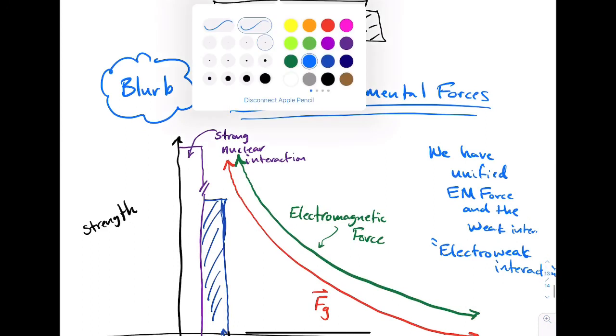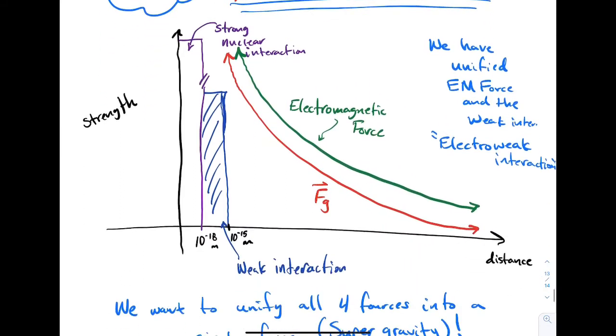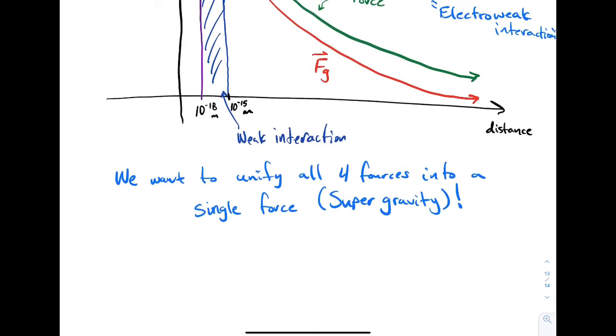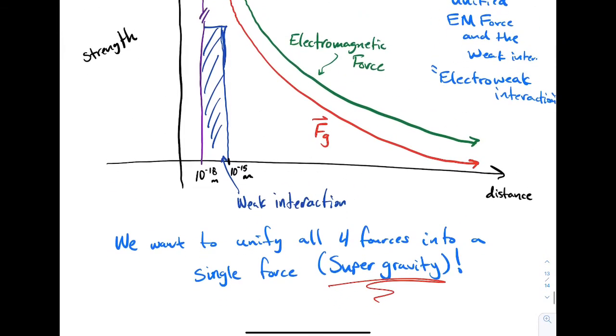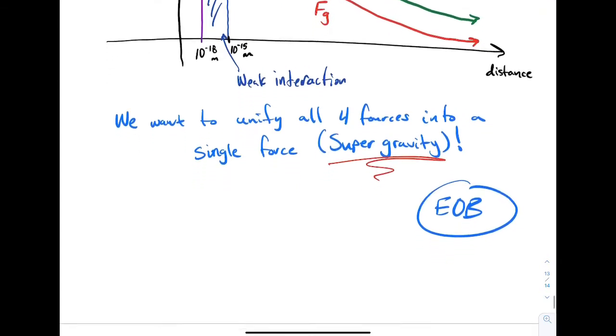What that means is, right now in physics, we've only got 3 fundamental forces. And we're trying to come up with a way to unify all of these to only have a single fundamental force that we like to call supergravity. Anyway, just a little bit on forces, these wonderful action at a distance forces, and that will be the end of our blurb. And so we can move right into an example from here.